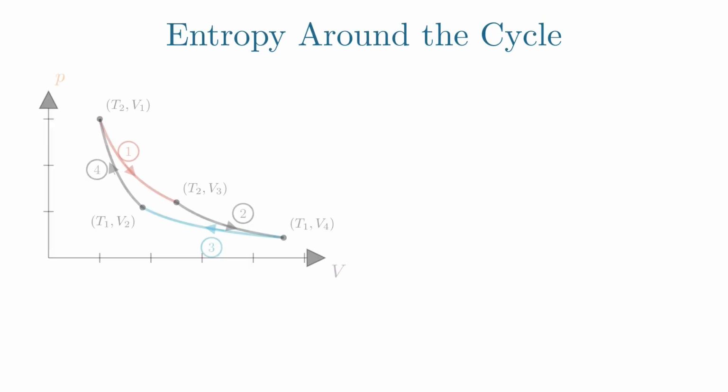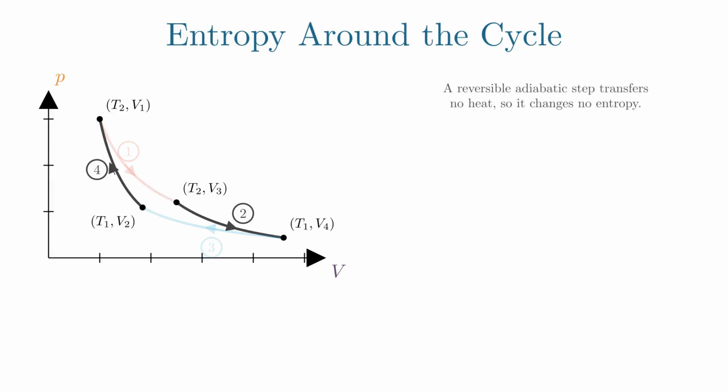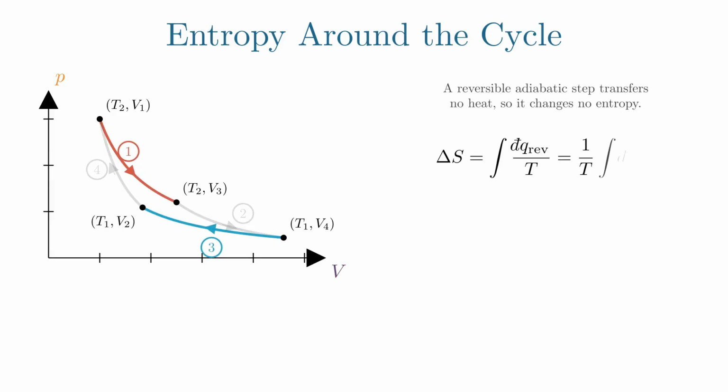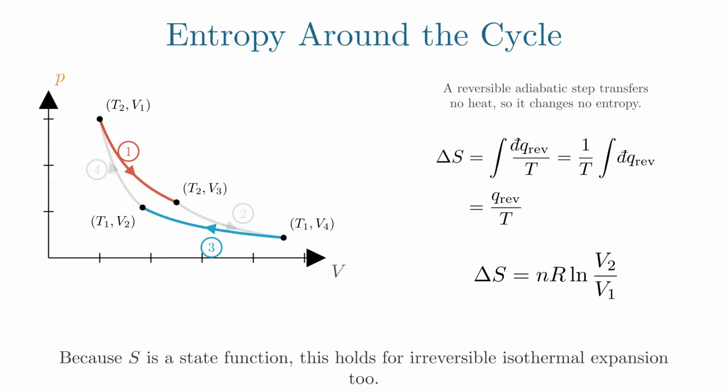Now, entropy change. Clearly, reversible adiabatic processes do not change entropy, so we only need to look at the entropy change for isothermal reversible processes, which is in general delta S equals the integral of d bar q over T, equals q over T. But with no heat transfer for isothermal reversible expansion from the last chapter, the entropy change for an isothermal reversible expansion is delta S equals nR log V2 over V1.